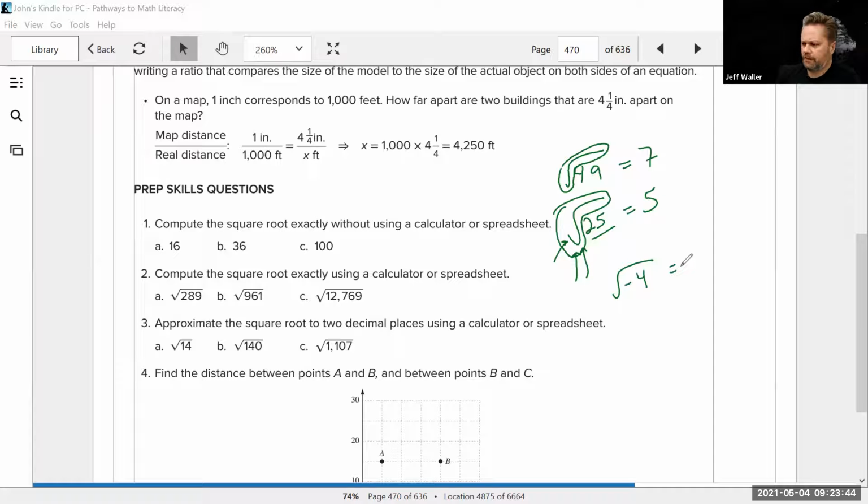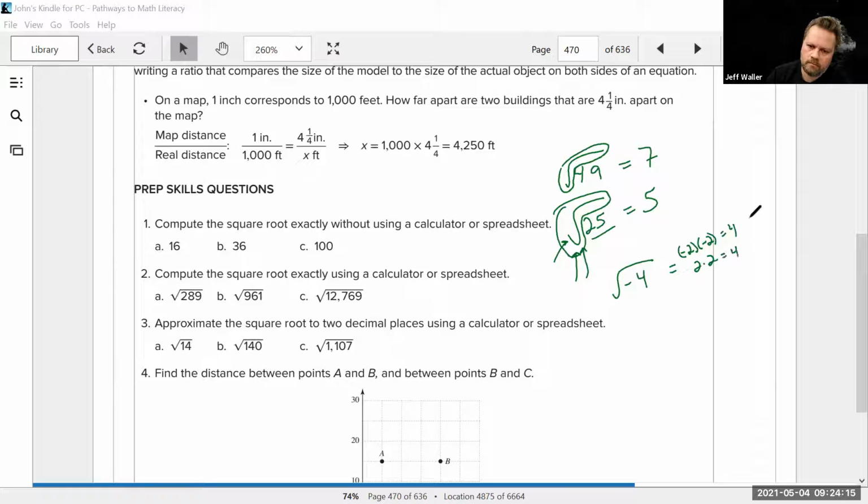Is there an answer to that question? It can't be the negative. Why not? Because if we use the root 2, it's going to be -2, and -2 times -2 is going to be +4.